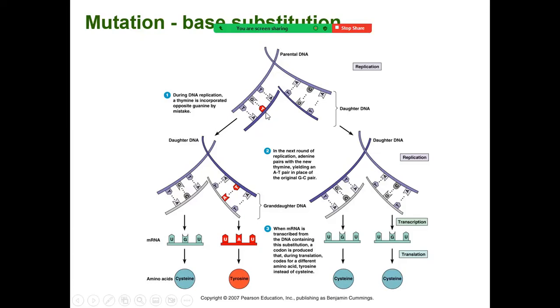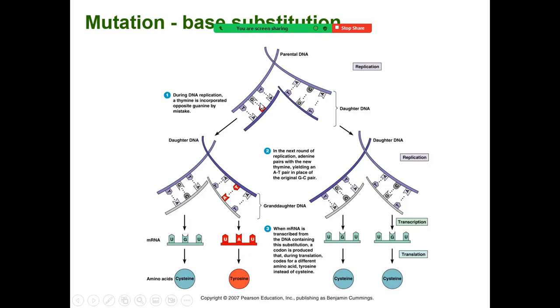But here the DNA polymerase put in the wrong base. And this actually could be repaired. We're not going to talk about DNA repair, but the DNA can notice that this is not pairing. And so it could actually replace the newly added base.